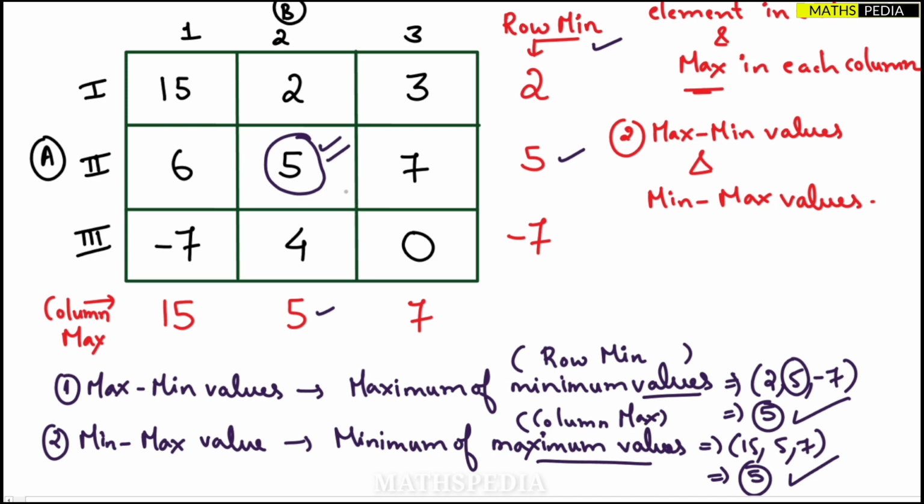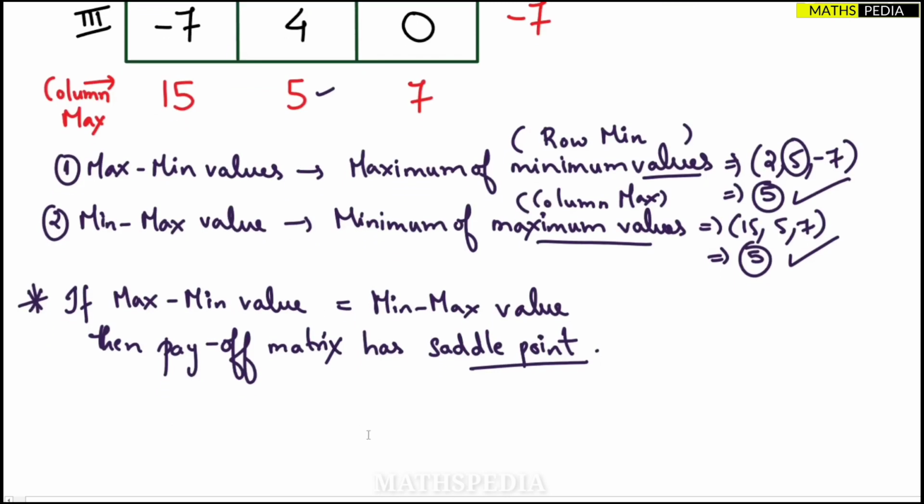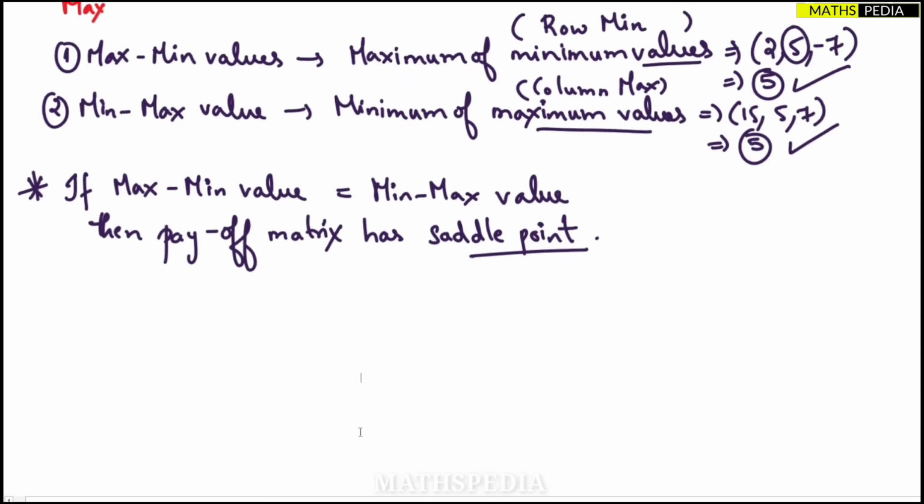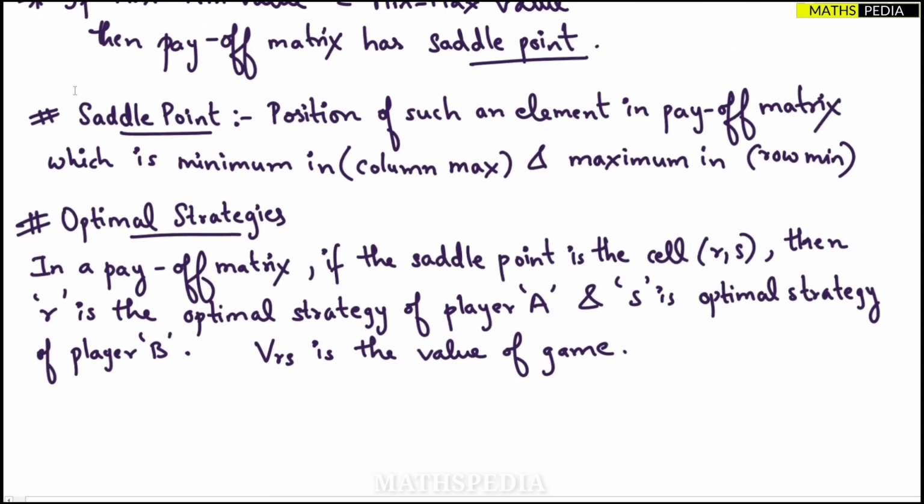Now what is 5? 5 is nothing but the value of k. We'll understand two concepts here. Saddle point, we understood that it is the position or the cell location of such element in payoff matrix which is minimum in column max.